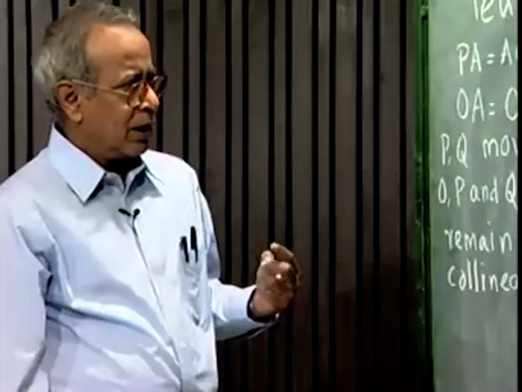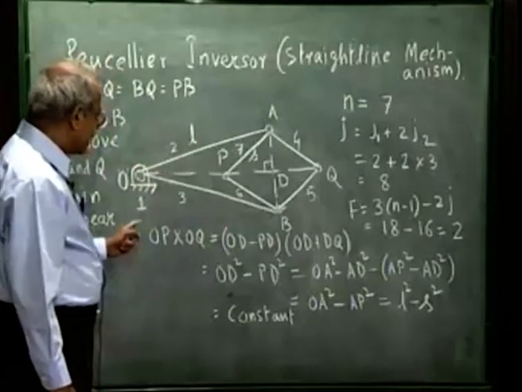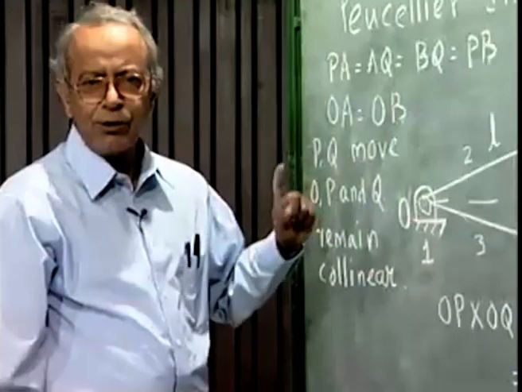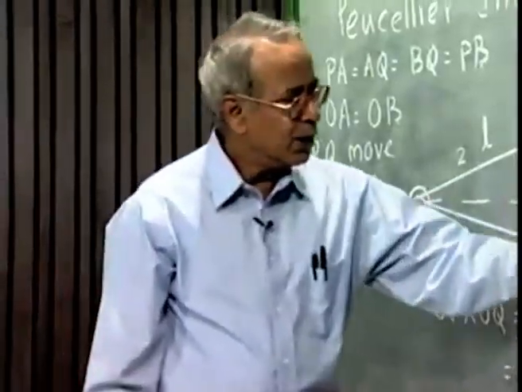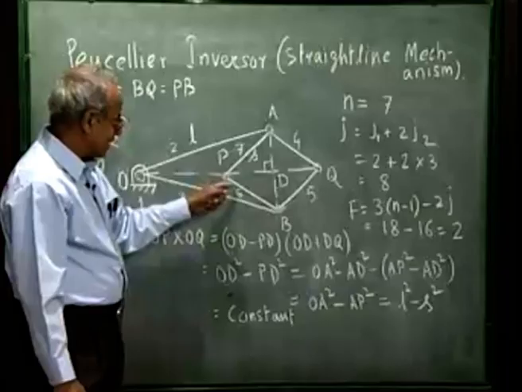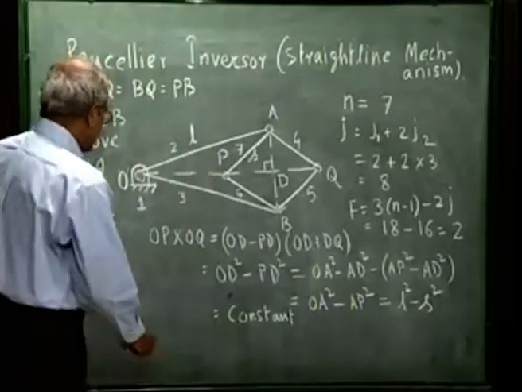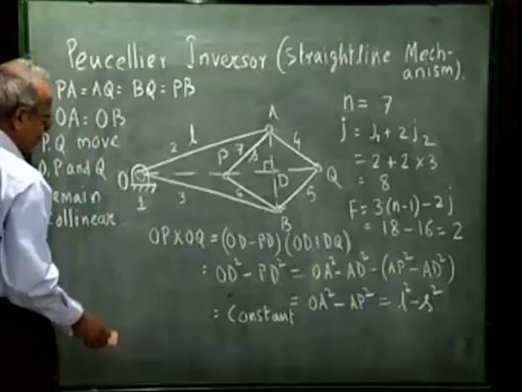Only thing we have to ensure is that the locus of P is a circle passing through O. That will automatically ensure that Q will generate a straight line perpendicular to the diameter of that circle OOP passing through O. It is very easy to ensure by adding one more link.